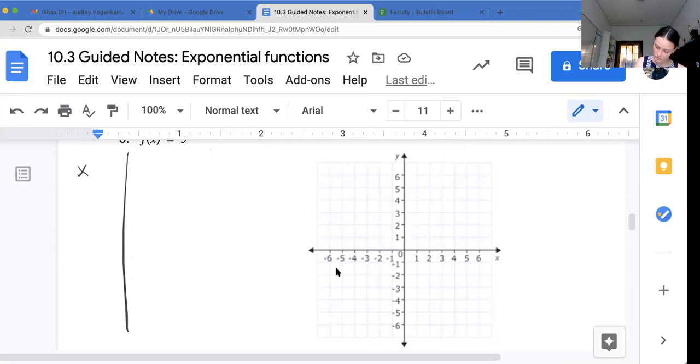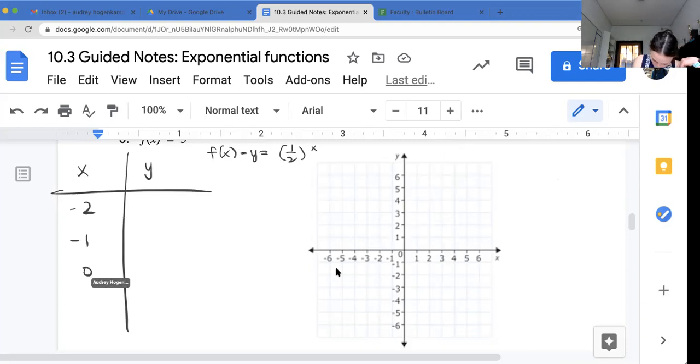Okay, so x, y, which we know is going to be f of x equals y equals 1/2 to the x. This one's going to be a little bit trickier, but again, I'm going to pick my same x values, -2, -1, 0, 1, 2, and 3. And then I know y is going to be equal to 1/2 to the x. So I'm going to have 1/2 to the -2.